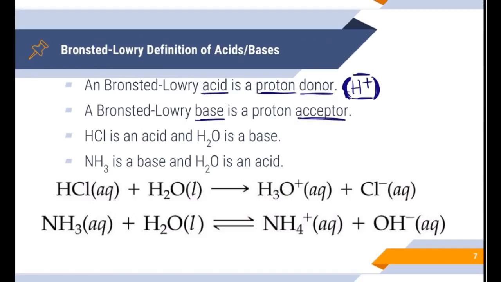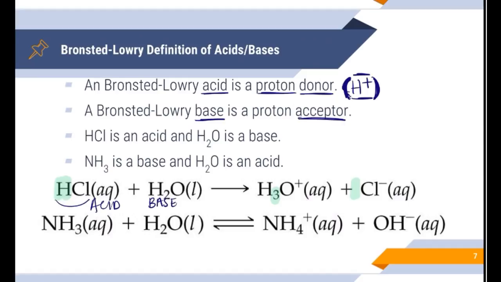If you look here at these equations, let's track this hydrogen. This hydrogen here is being donated to the water to make H3O plus, and the chloride is left alone. So we can tell that the HCl donated an H, which makes it an acid. We can tell the water accepted a hydrogen, so we can call it a base by this definition.